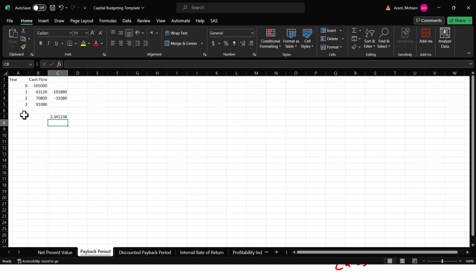Or you can just simply do the subtraction and calculate it. I find it easier to do it in the calculator than in Excel, but that's your choice. You can use either one.